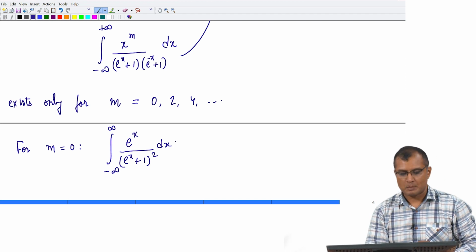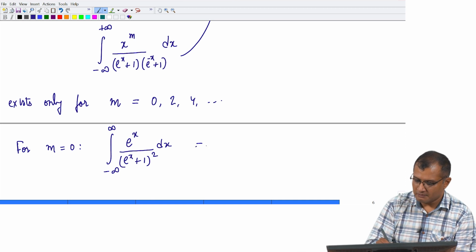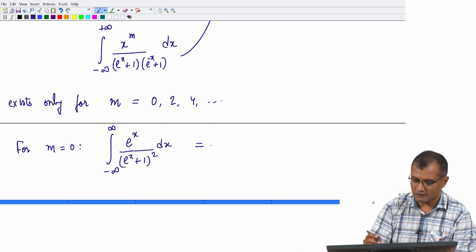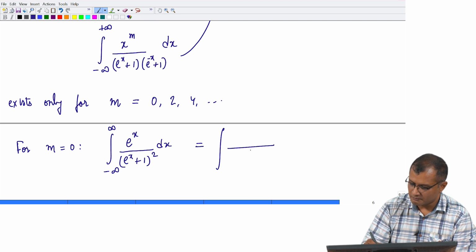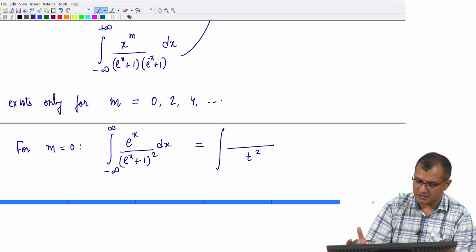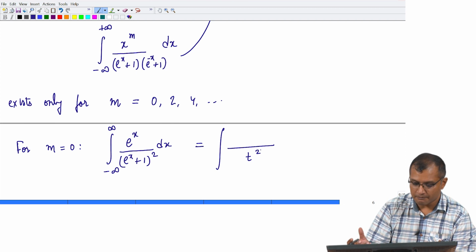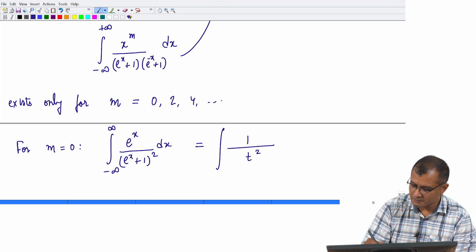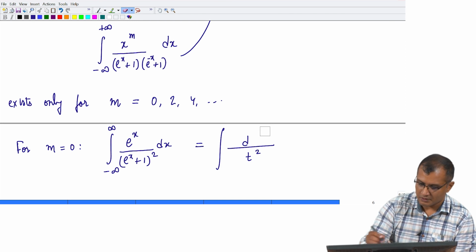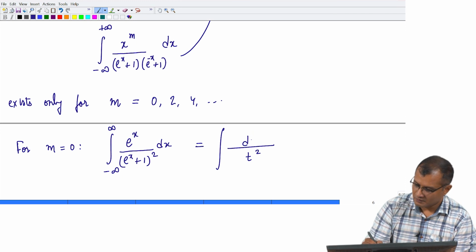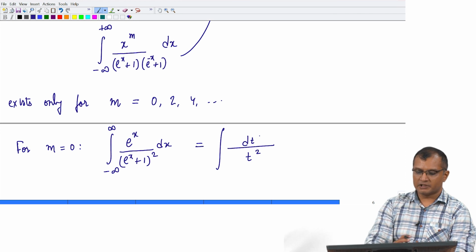Okay. And this can be solved by simply substituting e raised to x plus 1 as some variable t. Okay. So, you take it, square it up, and the numerator would just be dt.